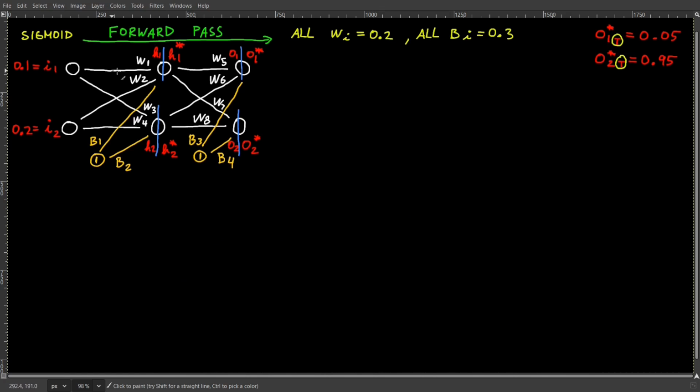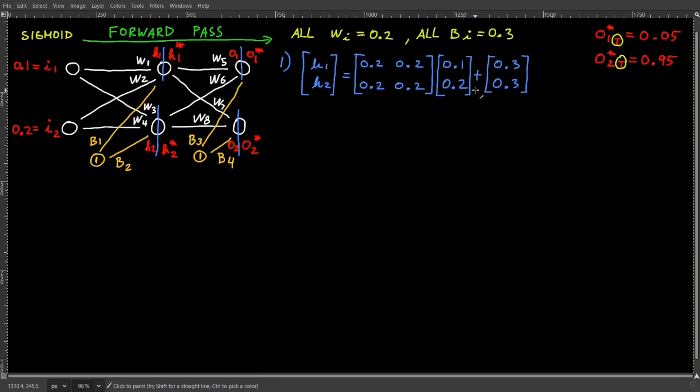And so, let's start computing O1 asterisk and O2 asterisk given these inputs. This will be our first step. Here are the weights, here are the biases. This is the input. After performing the calculations, I will get this vector for the hidden layer.